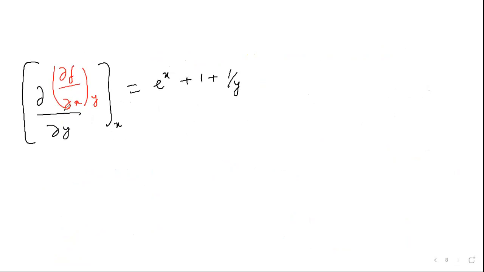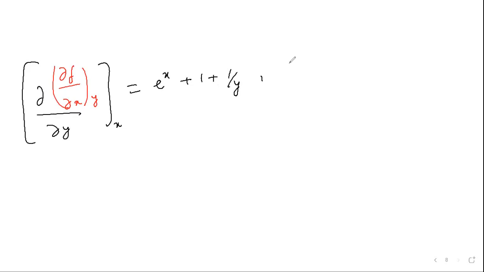I have to differentiate it with respect to y, right? So my first term is y e^x. I'm differentiating with respect to y, ∂y/∂y is 1. e^x will remain in the first term. Then ∂y/∂y is 1. In the third term, which is ln y, the differentiation of ln y with respect to y is 1 over y, right?